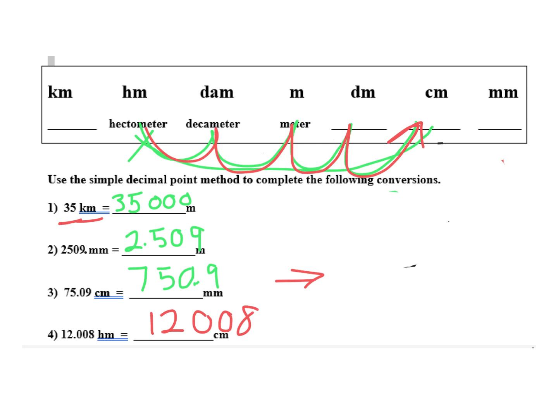12,008. I went 1, 2, 3, but I need 1, 2, 3, 4. So I'm going to add another 0. See what I did there? I needed 1, 2, 3, 4 to get to centimeters. So I moved that decimal where it was right there. Put a yellow mark. I moved it 1, 2, 3, 4. Now the question is, do we want to show that decimal?